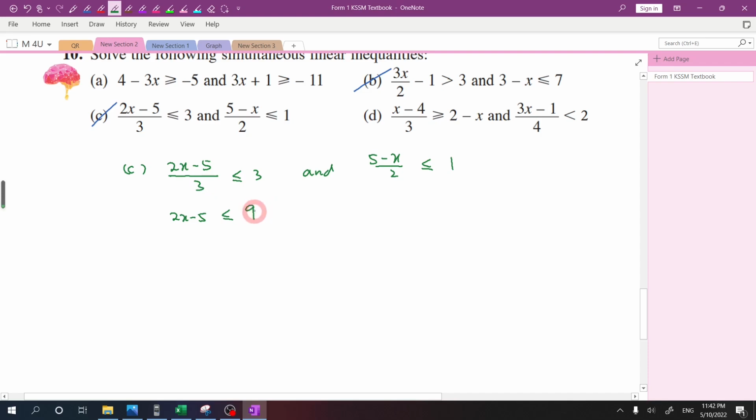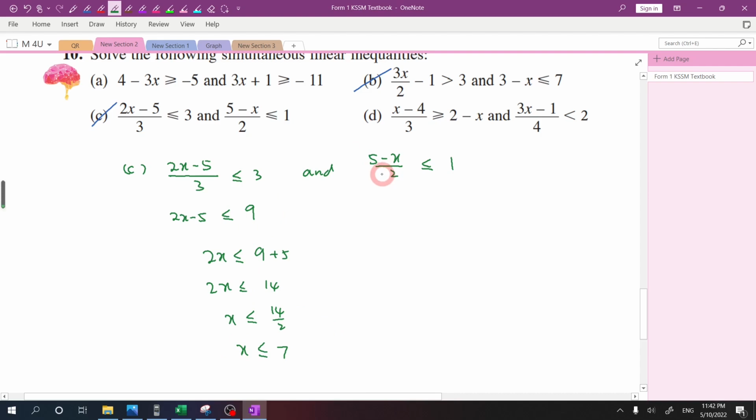If you want, you can write 3 times 3, but sometimes in the exam, we want to be fast, you can just write 9. Okay, 2x will be less than or equal to 9 plus 5. You get 14. And x will be less than or equal to 14 divided by 2. X is less than or equal to 7. Okay, we have solved this part.